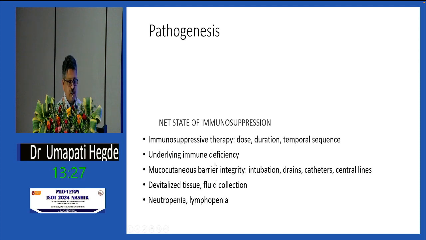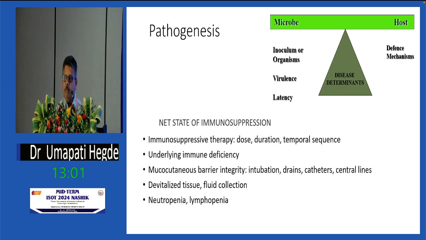If they have already received immunosuppression in the past, they may be more prone. Diabetes, mucocutaneous barriers like infusion drains and catheters, devitalized tissues, and collections are also important. And neutropenia, especially lymphopenia, which we neglect: these patients will have more viral infections. We learned from the COVID times that lymphopenia predisposes to viral infections.